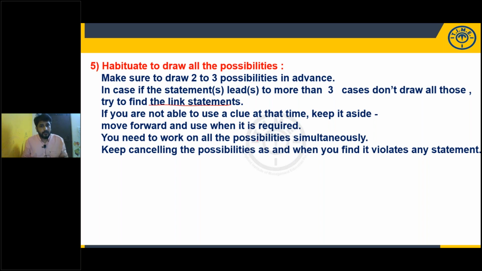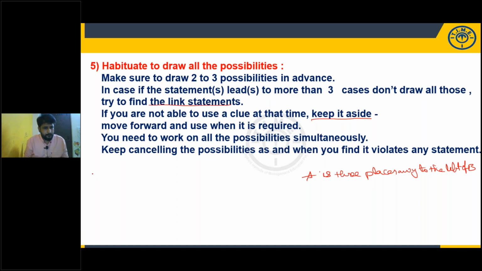And if you are not able to use a clue at that time, keep it aside in a short form. For example, the statement is given: A is 3 places away to the left of B. But this clue is not important or we cannot place it at that time.